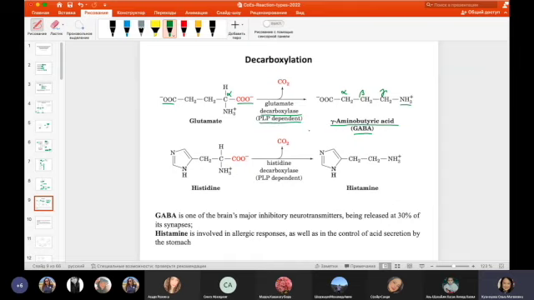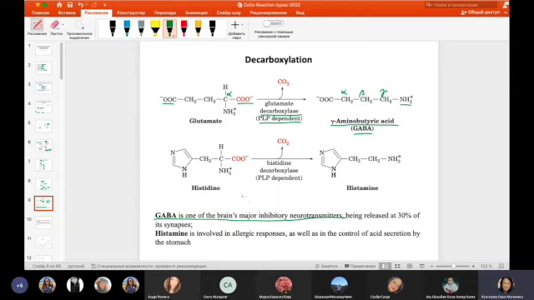Again, PLP in transamination, PLP in deamination of most amino acids, and here you can see participation of PLP in the decarboxylation of amino acids. GABA is one of the brain's major inhibitory neurotransmitters, being released at 30% of its synapses.